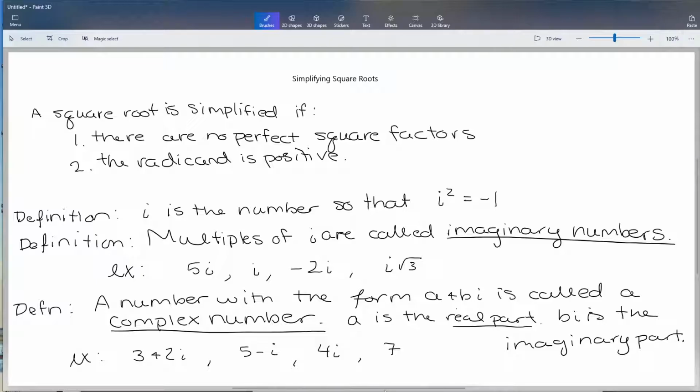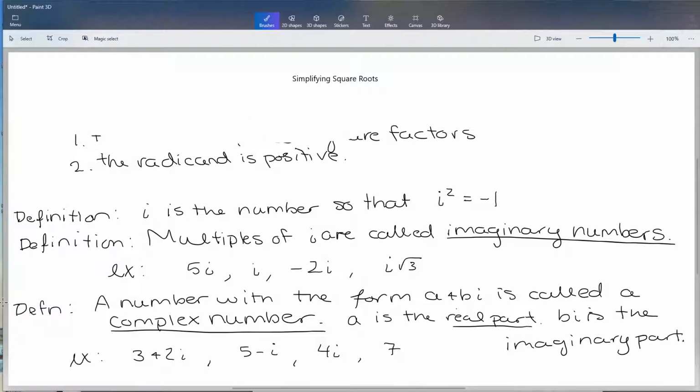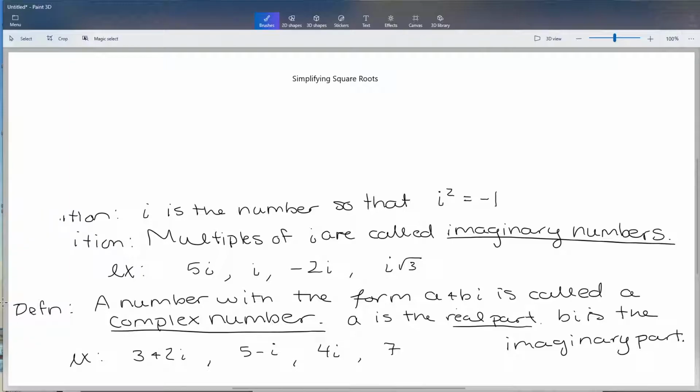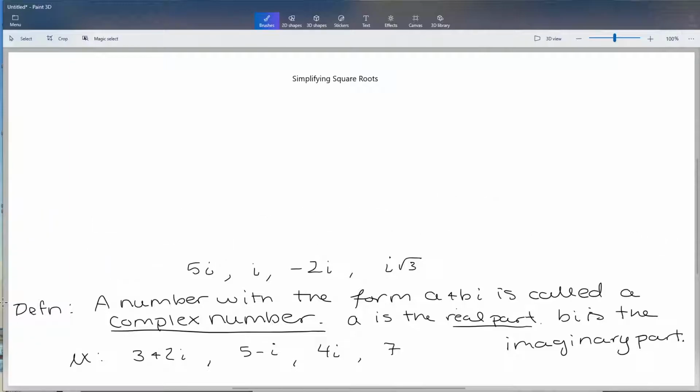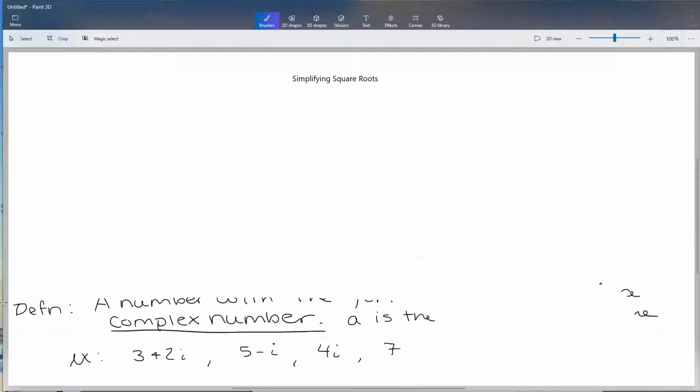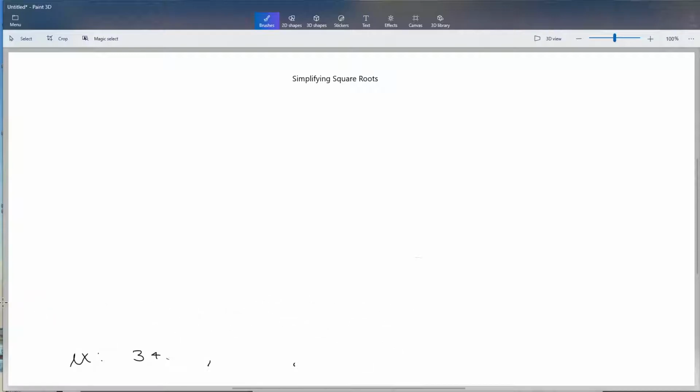So now that we know what an imaginary number is and what a complex number is, let's see what that has to do with square roots, and in particular with simplifying square roots. When we think about the definition of i, i squared is -1.